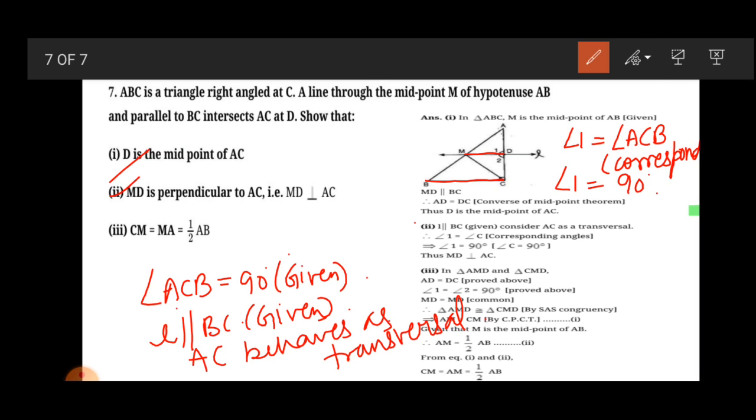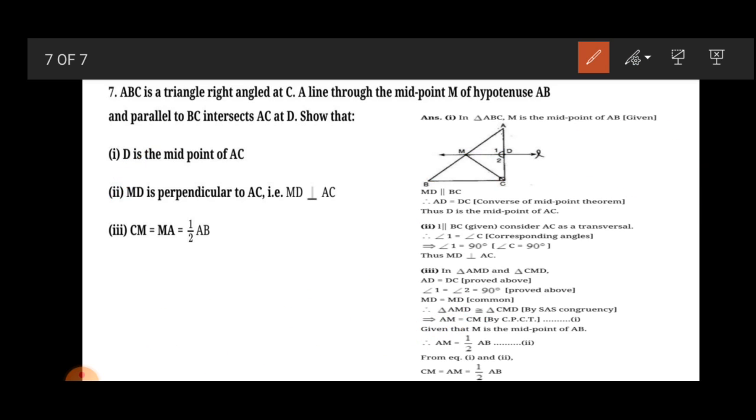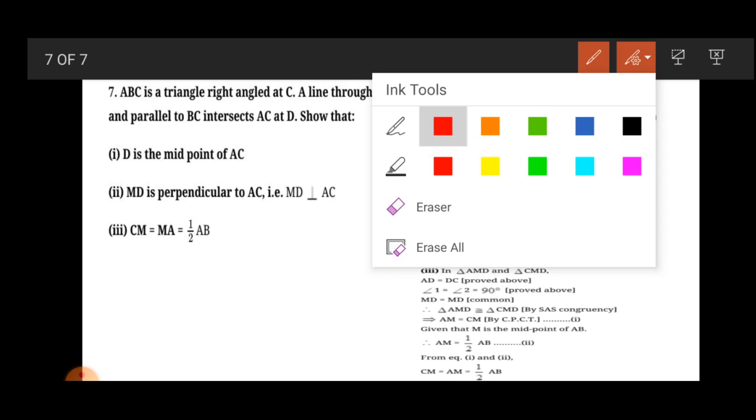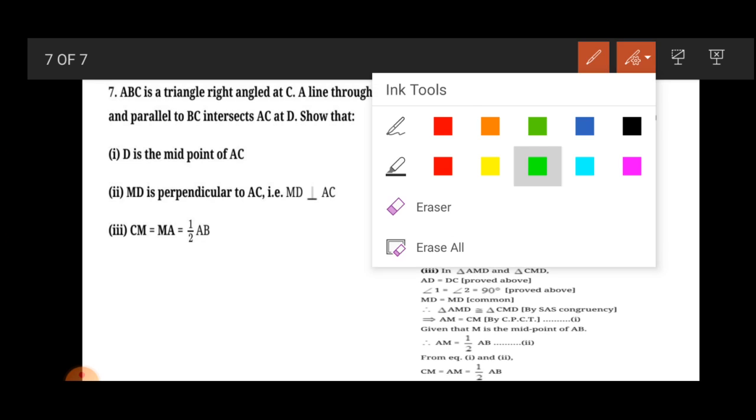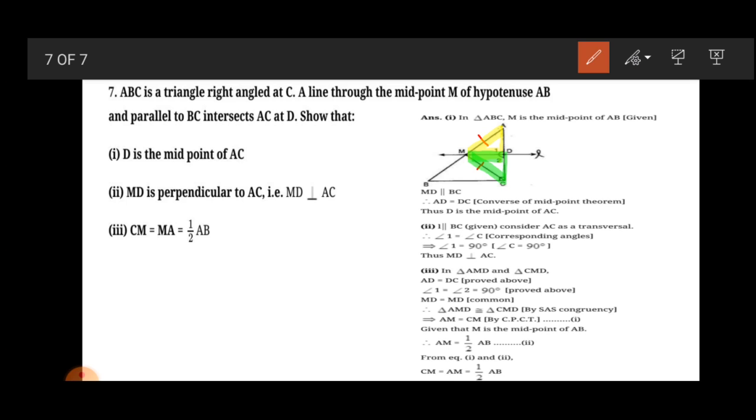Now third part, we need to show that CM is equal to MA is equal to half of AB. Now in triangle AMD and triangle MCD, AD is equal to DC, as D is the midpoint of AC.